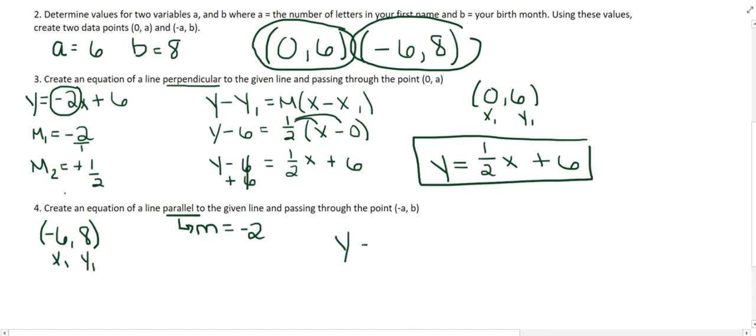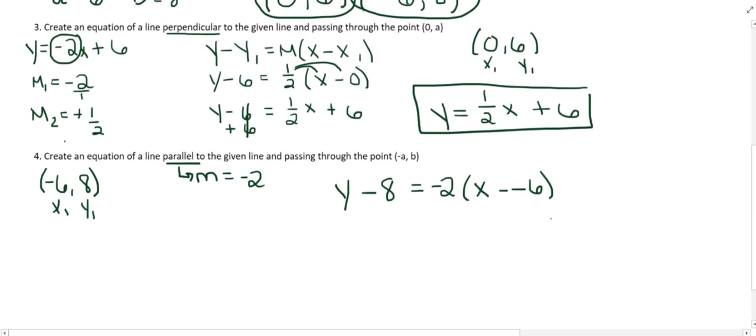I'm going to go y minus y1, 8, equals m, negative 2, then x minus x1, negative 6. This double negative here will turn into a plus sign. Then I will solve for y. So I will distribute the negative 2, negative 2x, negative 2 times 6, negative 12.